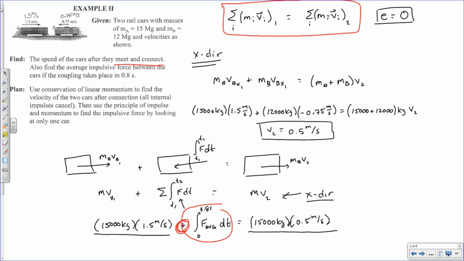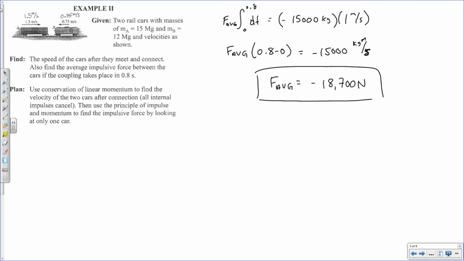So the fact that I had assumed it positive with my equation and it found out to be negative means that, yes, in fact, it was pointing in the opposite direction, which is in the negative direction. So this was absolutely correct. The magnitude is still 18,700 newtons, pointing towards the left.